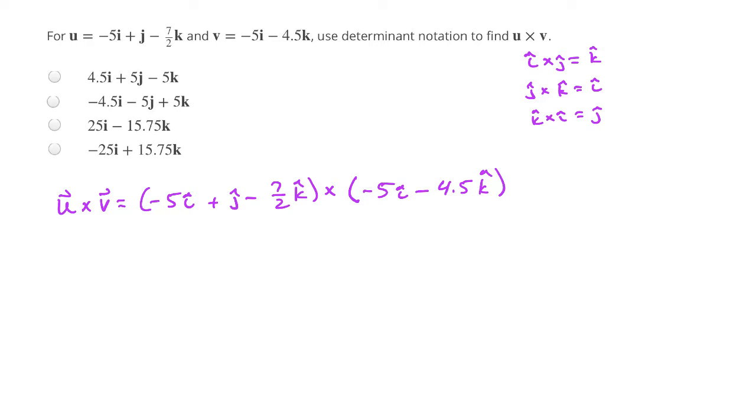Then we're using the fact that for any of the reverse operations we have anti-commutativity: if we reverse the cross product, v cross u is going to be the negative of u cross v. And likewise, a vector crossed with itself, v cross v, is going to give us the zero vector.